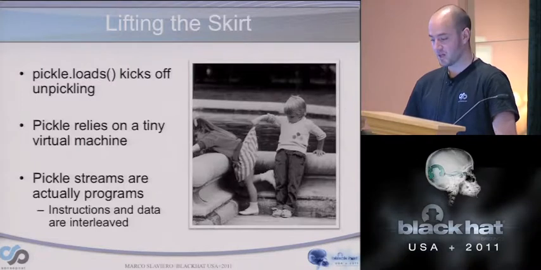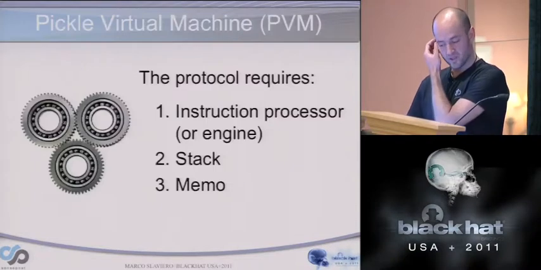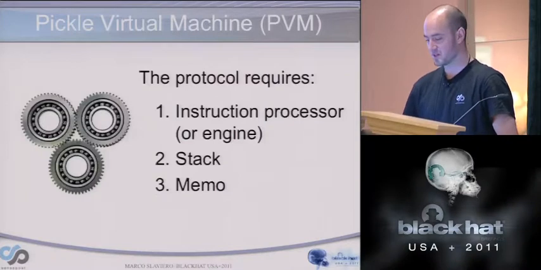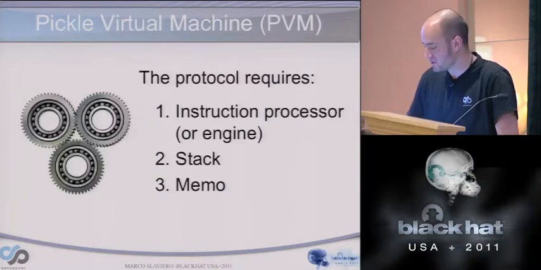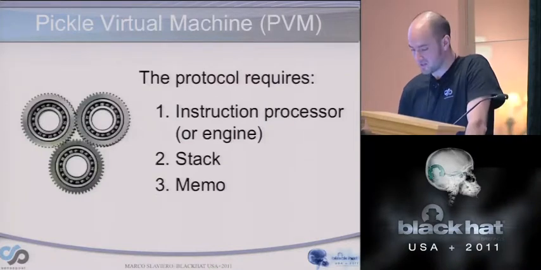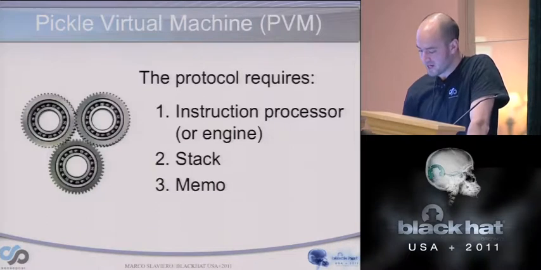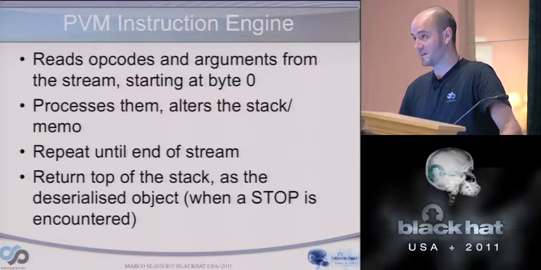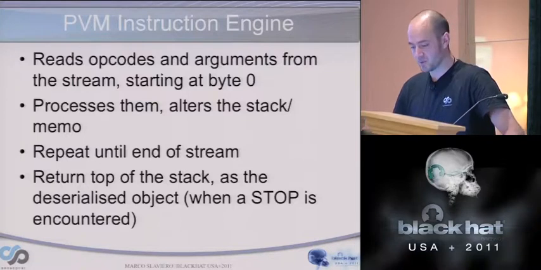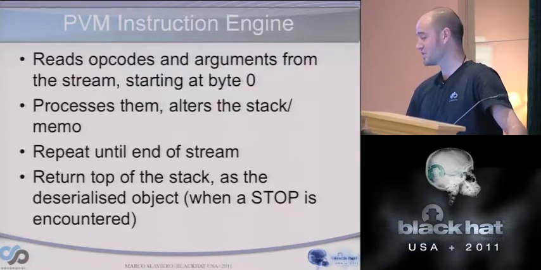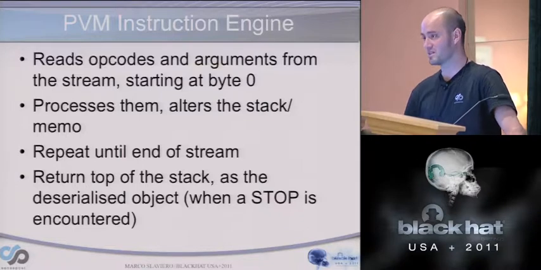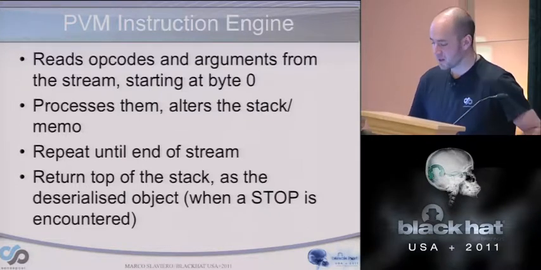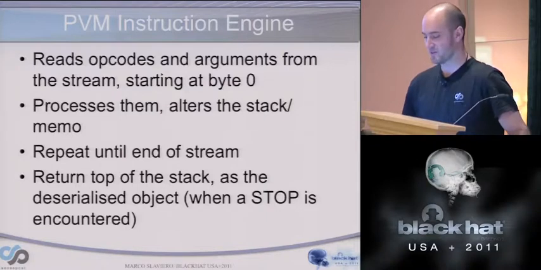Okay. So the PVM basically has three components to it. There's the part that processes the instructions, the opcodes, that's the engine, and it also has a stack and a memo. So the instruction engine starts reading from byte 0, as you would expect. Depending on the Pickle version, in truth, it may also perform content snooping to determine the Pickle version. But that aside, it will start at byte 0 and read the first instruction.